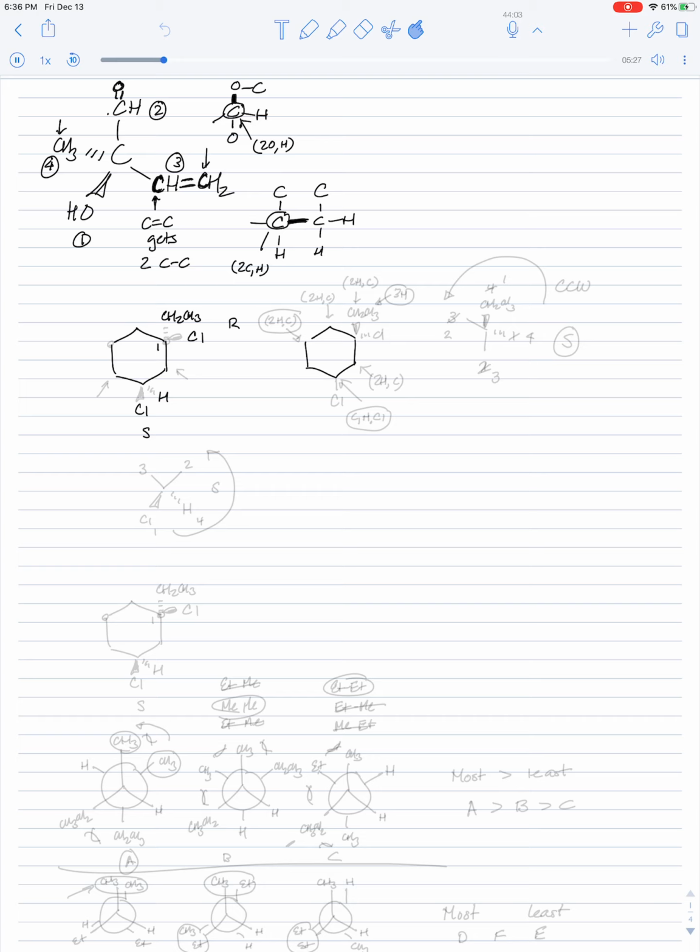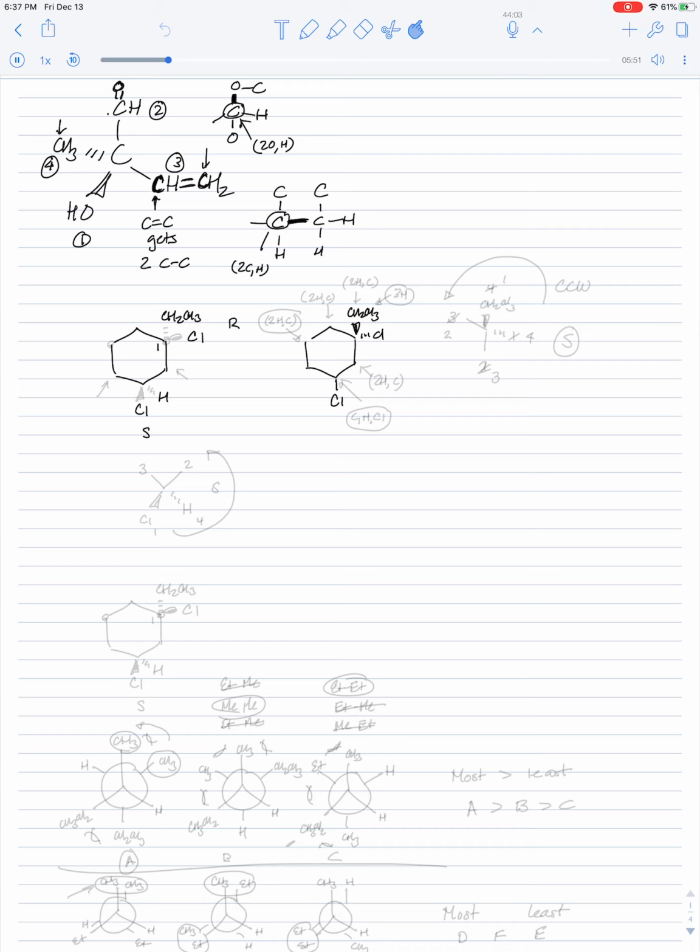So how about I put a bold wedge on the ethyl group and a dashed wedge on the chlorine, and let's see what I get. Down here I would have my chlorine attached there. If you're right, you got the right R. If what I wrote is S, switch the bold and dashed wedges.